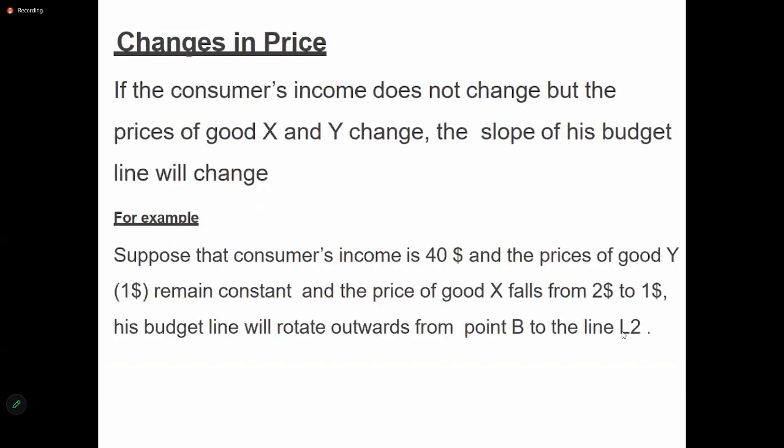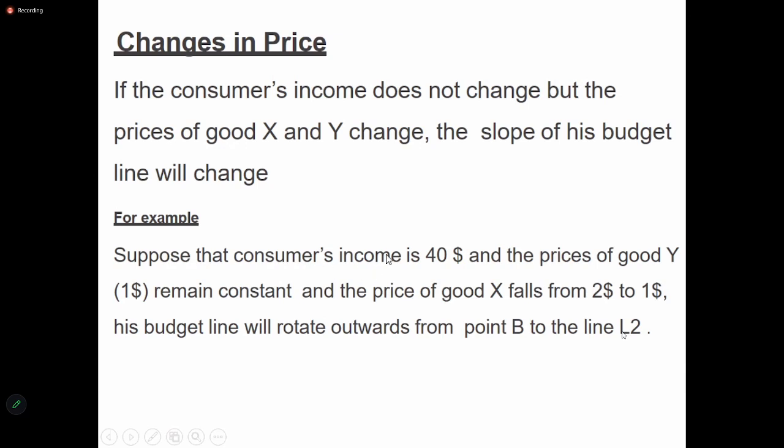Let's say there is a change in price. If the consumer's income does not change, but the prices of goods X and Y change, then the slope of the line changes, not the shift. Here is one example.